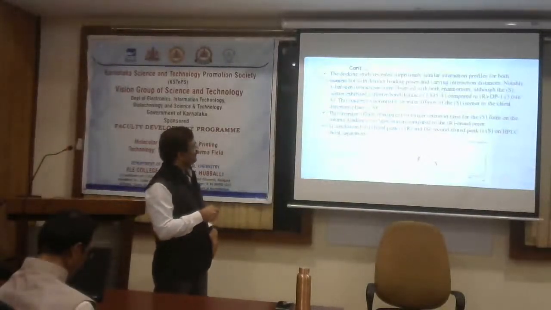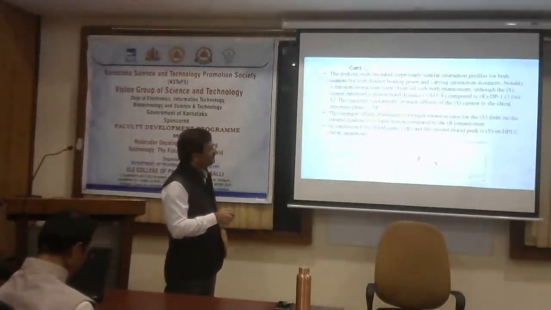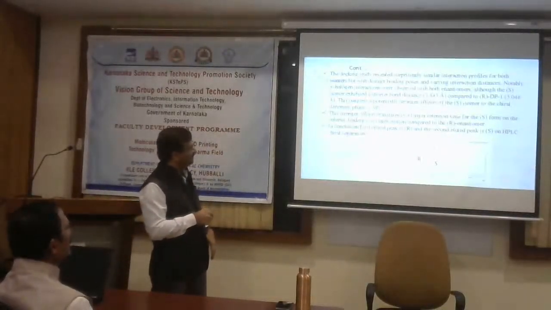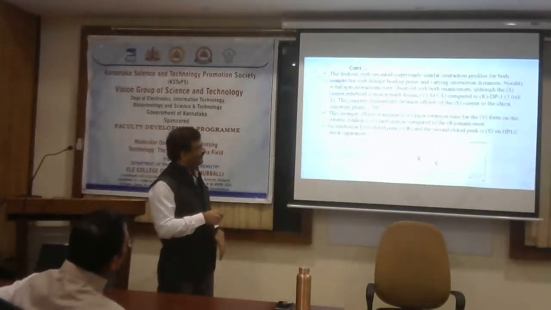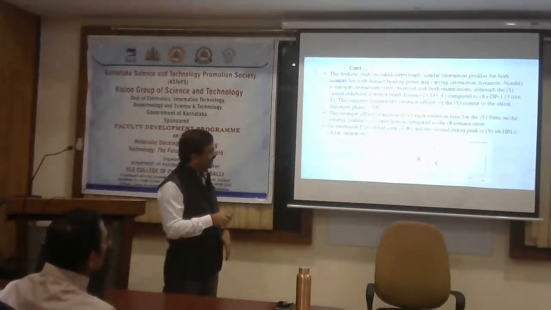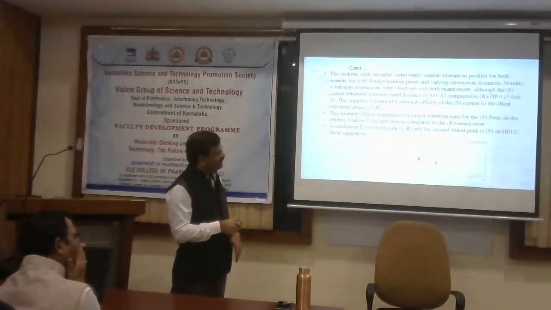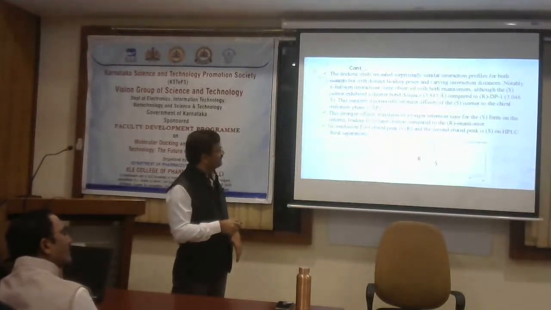Alpha halogen interactions were observed with both enantiomers, although the S isomer exhibited a shorter bond distance of 3.843 angstroms compared to the R, which has 5.046.